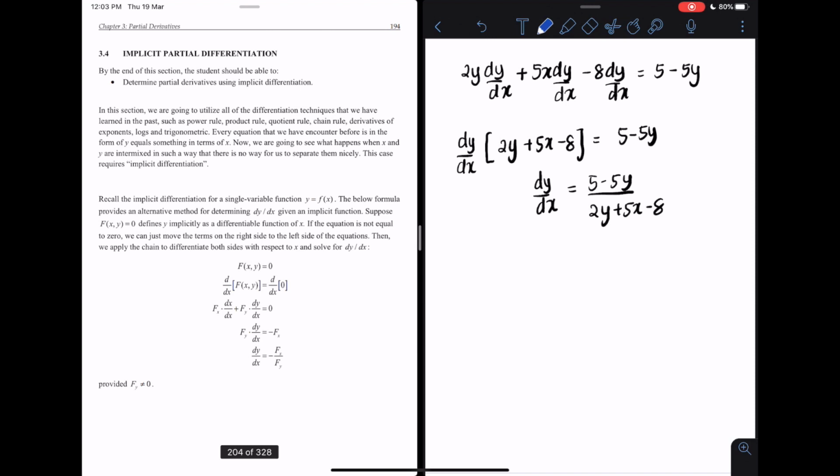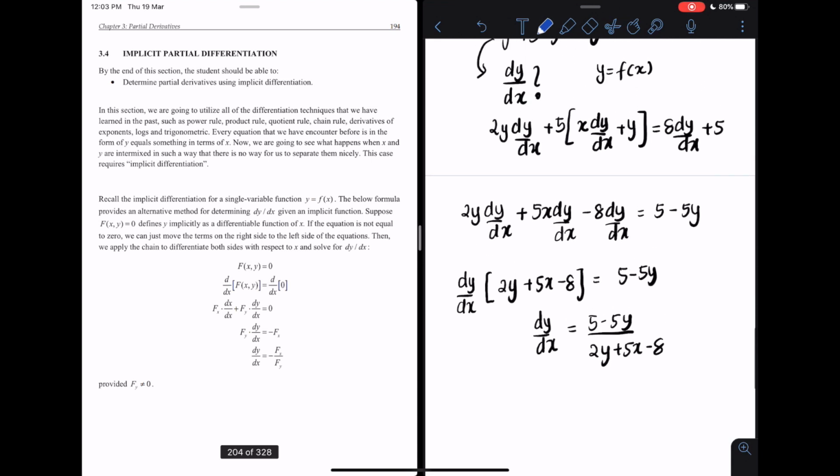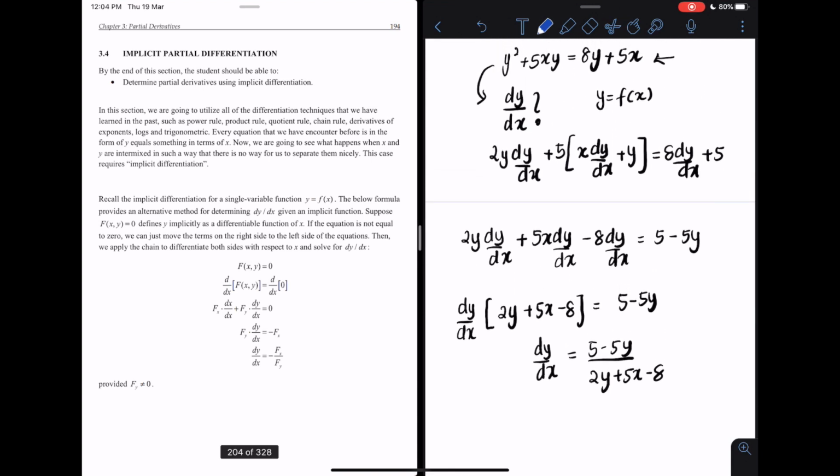You will see that the answer is quite simple compared to the process you go through when you approach using implicit differentiation. So if you turn to page 194, there you go, that is the formula by using the approach of partial derivative. So let's take a look at the question given to us, and then according to the formula on page 194, you have to rewrite the equation given to you and equate it equal to 0.